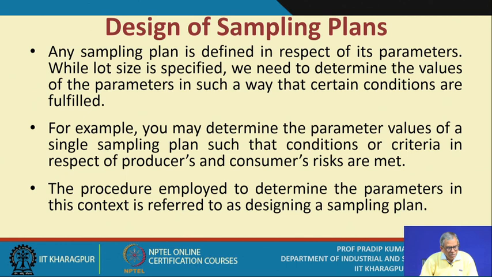There could be many other such criteria you need to consider while you design a sampling plan. The procedure employed to determine the parameters in this context is referred to as designing a sampling plan. Is it clear?